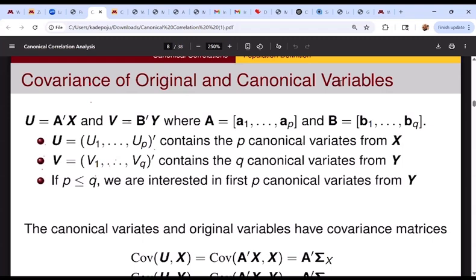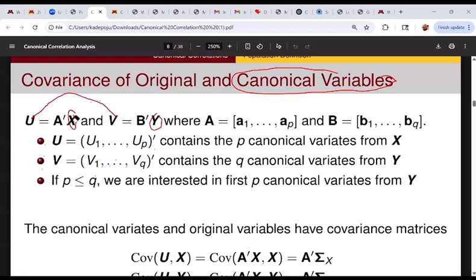This is the original X and the original Y, and these guys are their canonical variables. Can we investigate if there's a connection between the new variable that we form, the canonical variable, and the old variable? That's exactly what we mean.